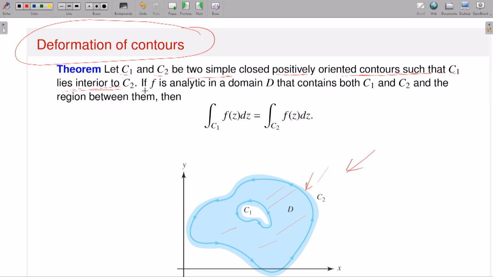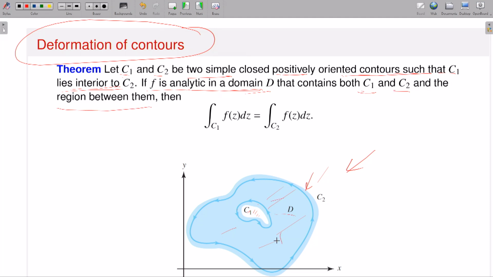Now what I am saying is that if f is analytic in a domain D, that means only the green region, and the green region is multiply connected because there is a hole, because the white portion is not a part of the domain, then f is analytic in a domain that contains both C1 and C2, because C1 is in the blue region and C2 is also in the blue region, and the region between them.